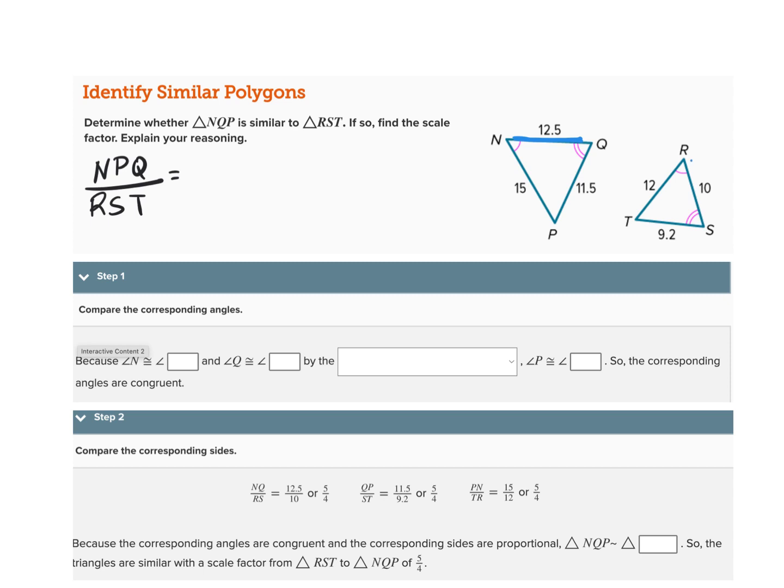Well, that is the side that's the single arc and the double arc is RS. Okay, so be careful. Your figures are not always going to match up exactly based on the picture. Okay, they're going to purposely turn things on you. Okay, so NQ corresponds to RS based on the angle measures.